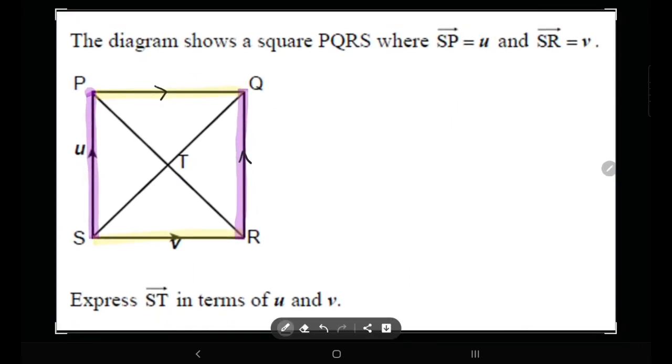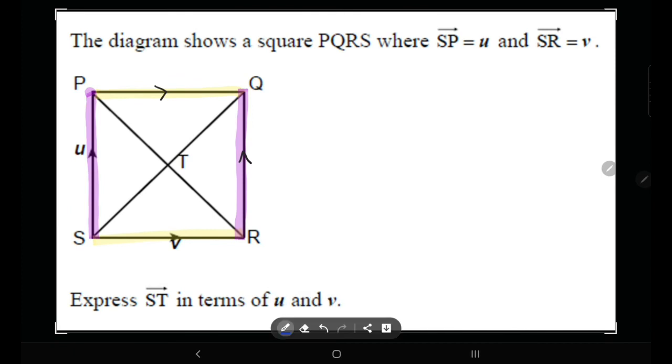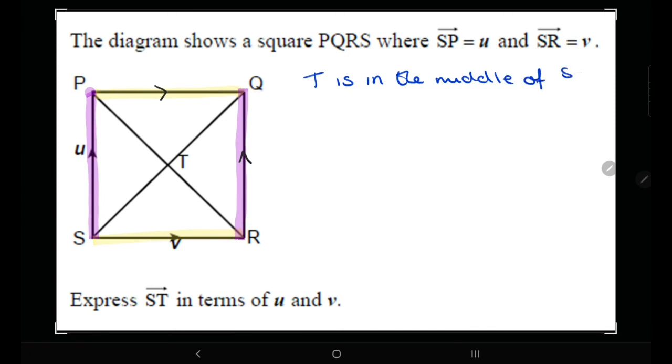So let's go back to the original question. We had express S to T in terms of U and V. And the important fact we need to notice is that T is in the middle of this square. We can't use any of the vectors we currently have to take us to T. But T is in the middle of lots of other vectors. So T is in the middle of SQ.